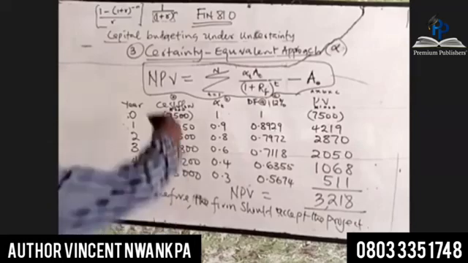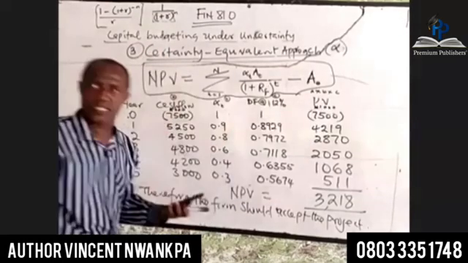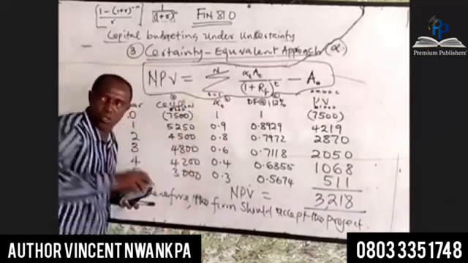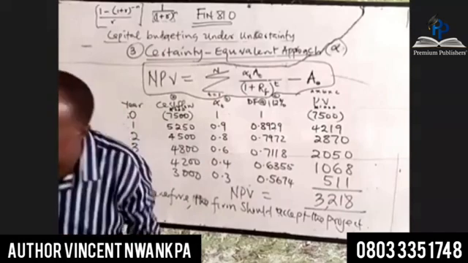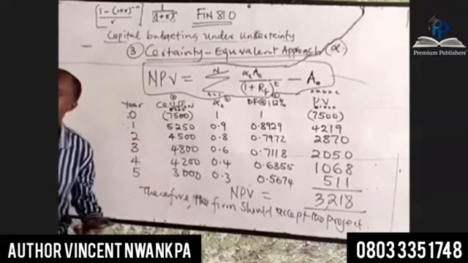The alpha is the symbol to represent certainty equivalent. Its usefulness is to reduce this cash flow so that risk is taken away. They reduce risk by those ratios, but they don't call it probability, it's certainty equivalent.